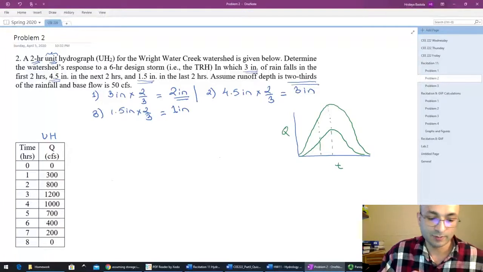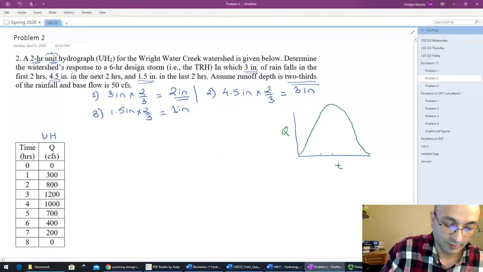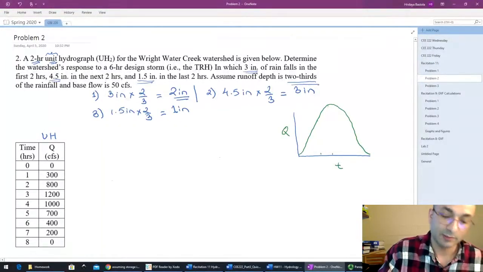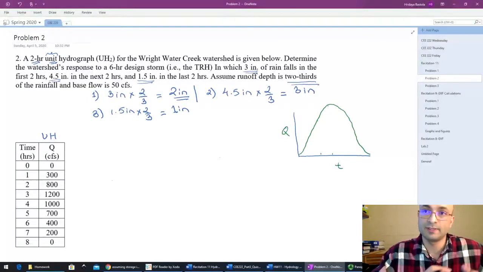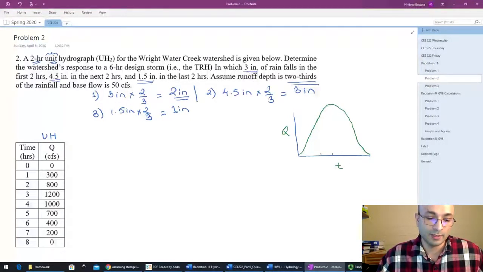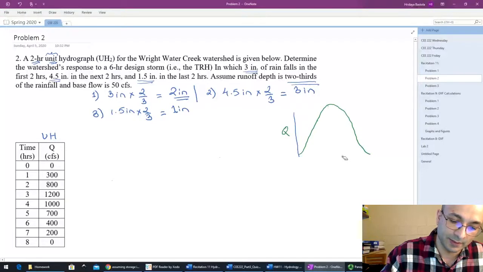So in this case we have 3 different contributions from the 3 storm events, so to say, and we want to add the contributions from these 3 different sections of the storm over that 6 hour window and get our net runoff for that entire 6 hour duration.